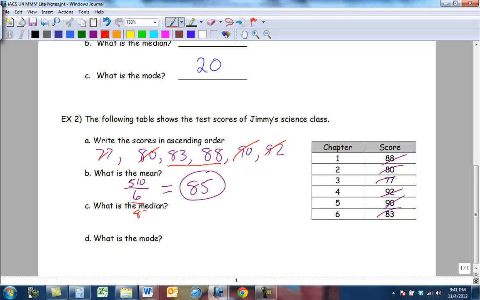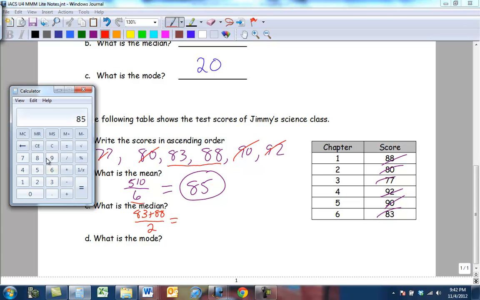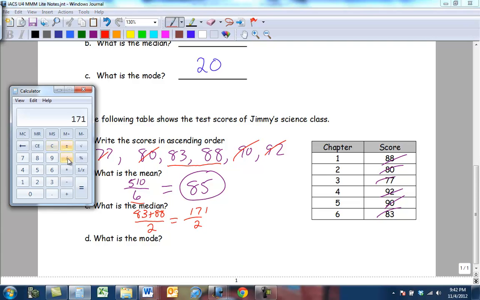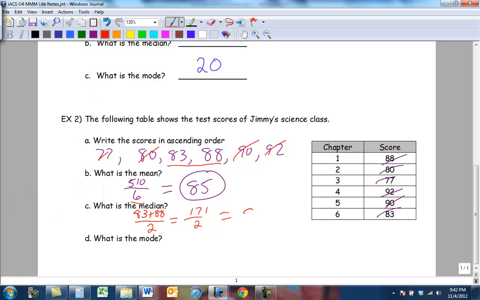So 83 plus 88 divided by, there's 2 terms, 2. 83 plus 88 is 171 divided by 2, so our median is 85.5.